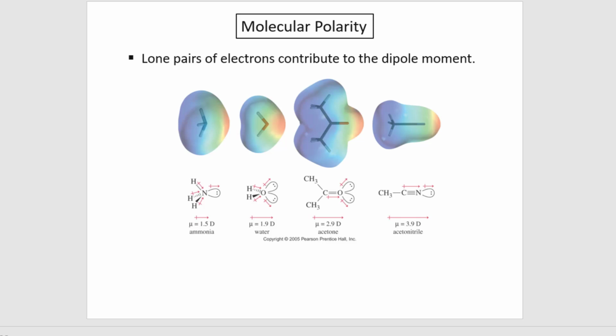When you look at the carbon double bond oxygen, you can see the carbon double bonded to the oxygen is one very large vector, and then the oxygen electrons all flowing in the same direction make an even larger dipole moment for this system.